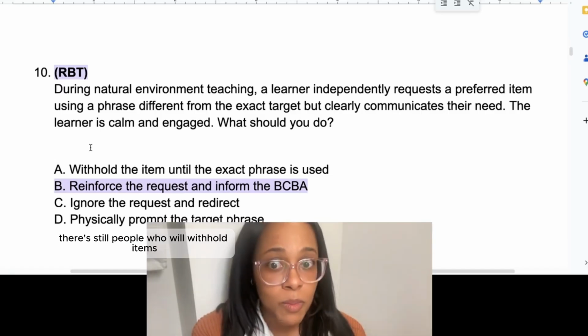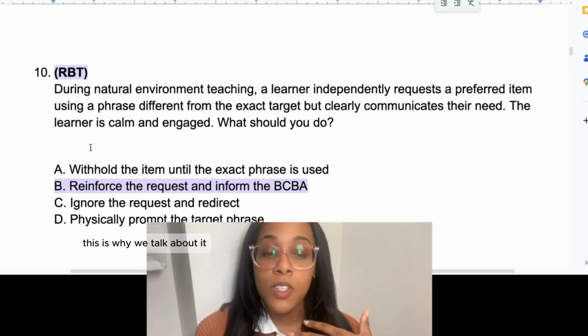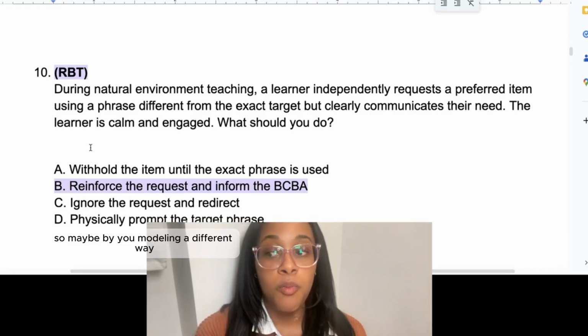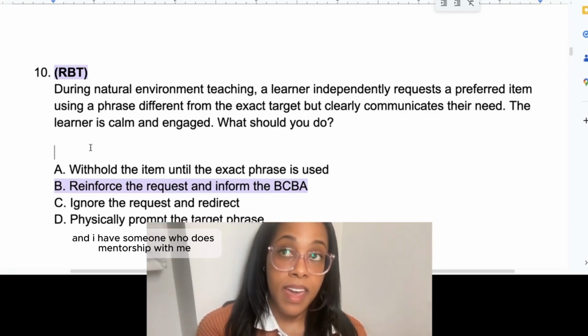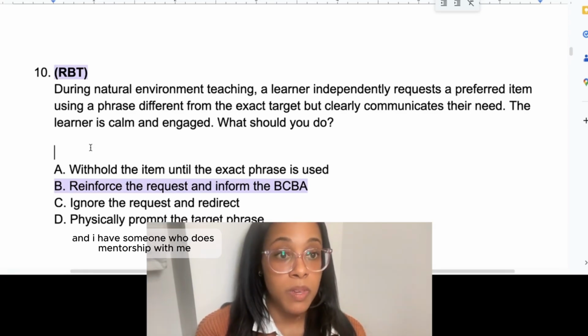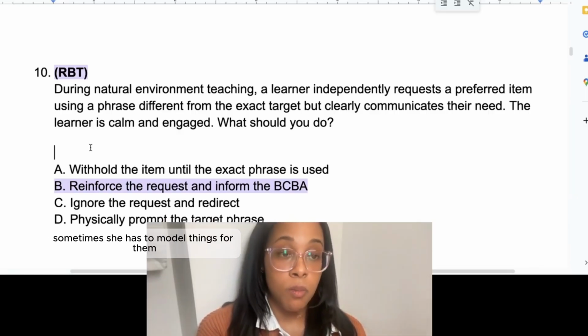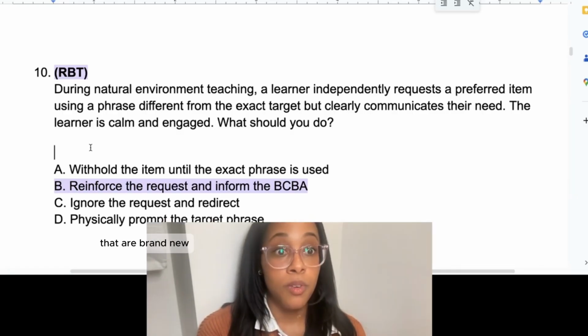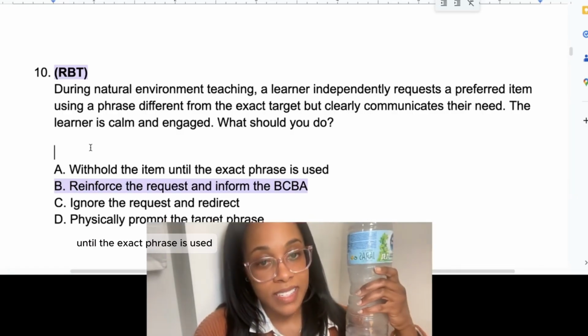But there's still people who will withhold items until phrases are used. But hey, this is why we talk about it. So maybe by you modeling a different way, they can see a different method. I have someone who does mentorship with me, and she talks about how when she is working with a new team of RBTs, sometimes she has to model things for them that are brand new, because they're very used to withholding the item until the exact phrase is used.